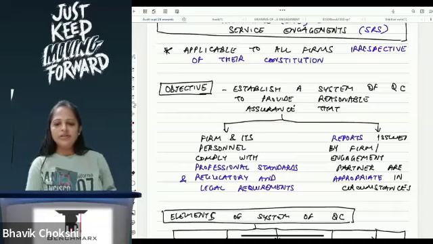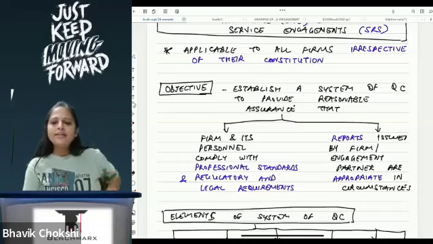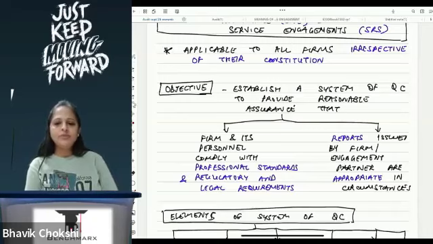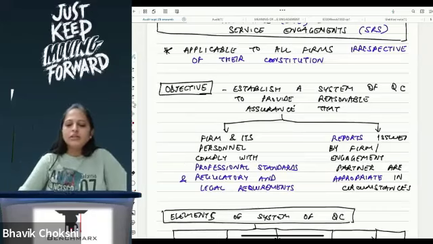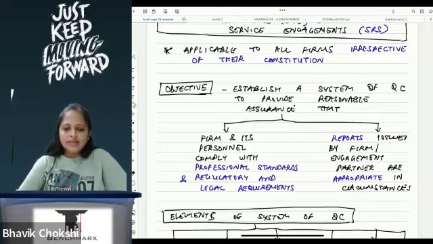Just see the screen how I have written reports in a different pen, and then issued by firm / engagement partner are, in a different color pen, appropriate in circumstances.